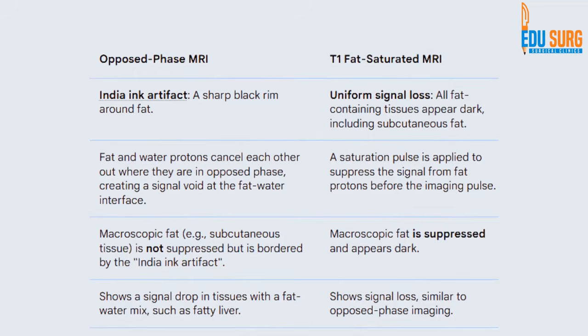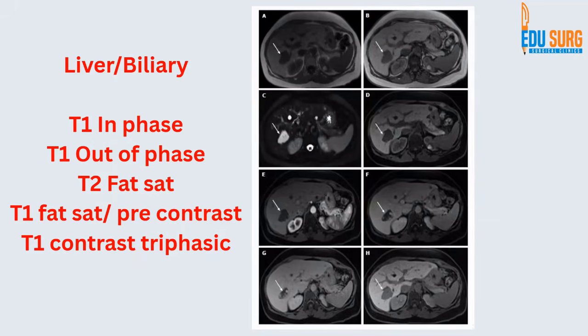Another way to identify is the India ink artifact, a sharp black rim around the fat that is seen in opposed phase MRI, but not seen in T1 fat saturated MRI. Remember that the pre-contrast image is a T1 fat saturated image because it can bring out the contrast better. Okay, so that is something that you need to remember.